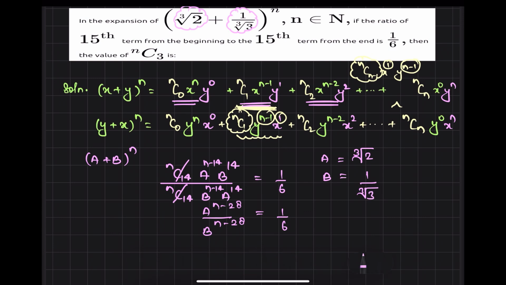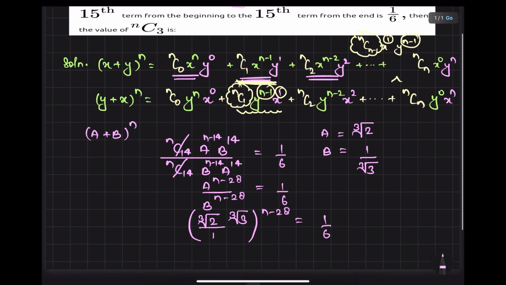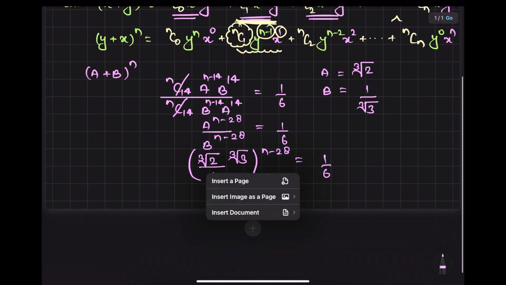Now let's do the simplification. In place of a, can I write cube root of 2, and in place of b, 1 by cube root of 3, to the whole power n minus 28 equals 1 by 6? Till this part you guys are okay.